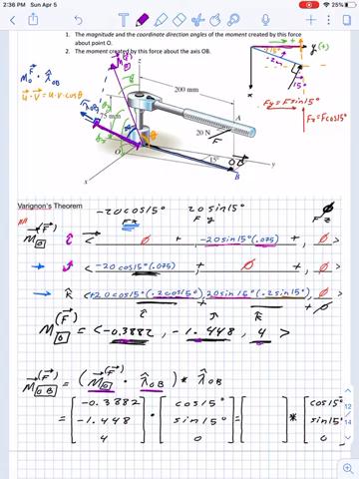That gives us the magnitude of the projection of the moment onto OB. And then we take that scalar, and we multiply it by the unit vector again, so that now we create a direction. All we're doing is taking that magnitude and setting it in a direction. I hope that makes sense.